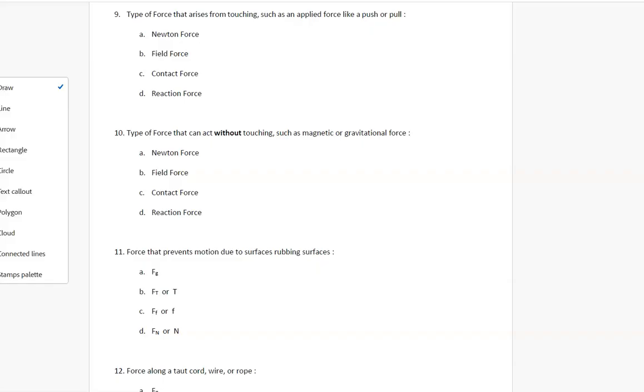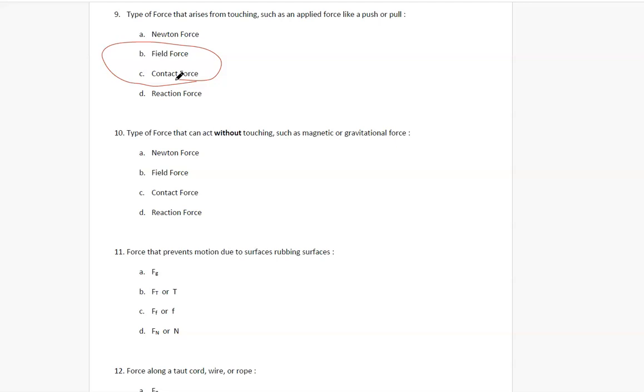Well, this is actually something we have not directly talked about. We have 2 major categories of forces: contact forces and field forces. Contact forces are forces that one object puts on another object only while they're touching each other. So a push, a pull, those are contact forces.